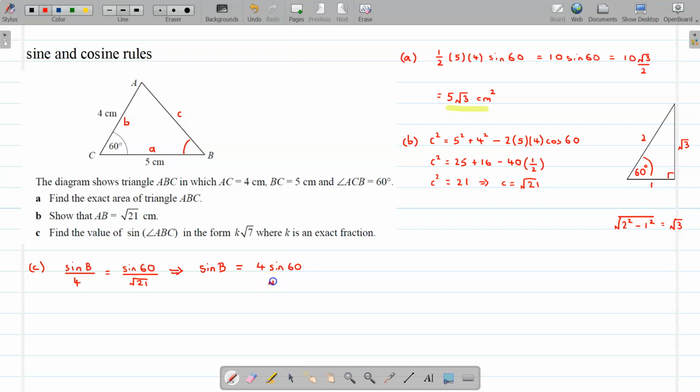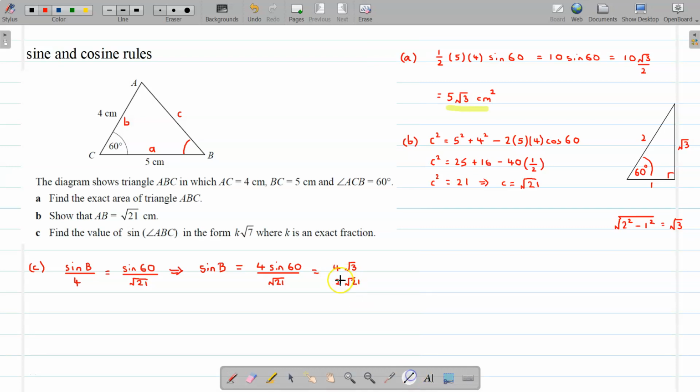But I've already said that sine 60 is root 3 over 2. So I can tidy that further by saying it's 4 times root 3 over 2. But because I'm also dividing by root 21, I can put the 2 underneath with the root 21.